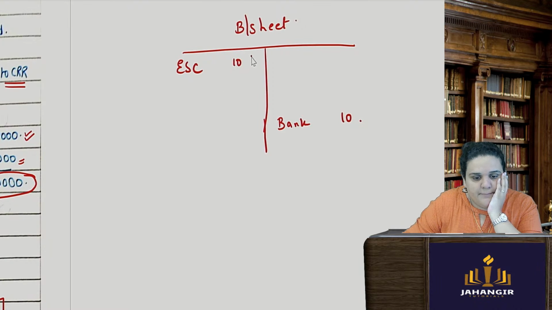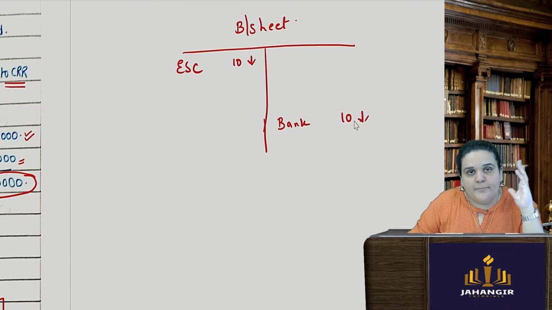So equity share capital is going to decline by 5 rupees, and the money in the bank will also come down by 5 rupees. I am saying I am using reserves, so the general reserve will also go down. Then how will my balance sheet tally? My balance sheet will not tally.